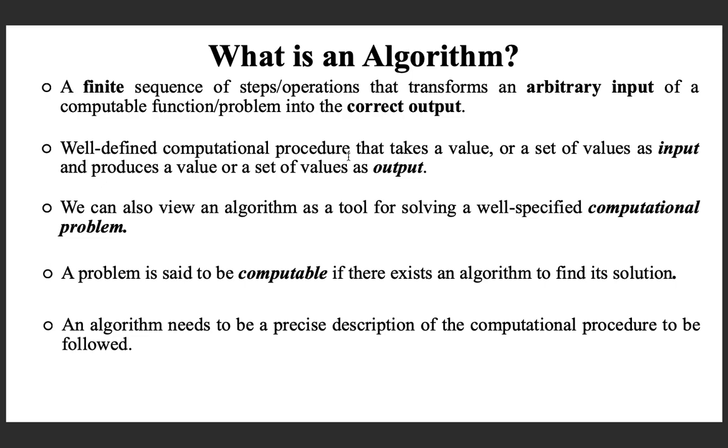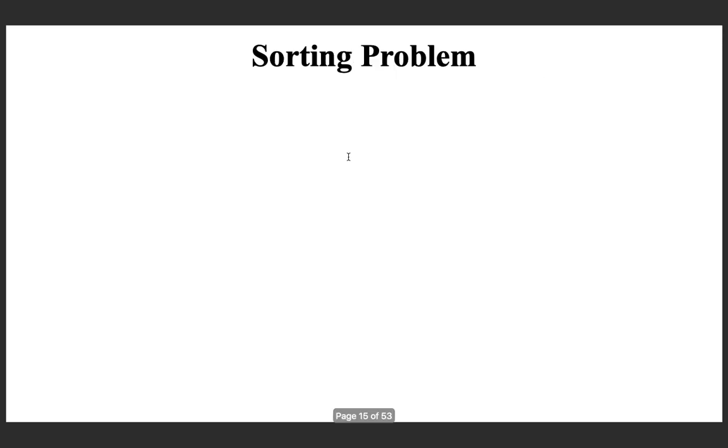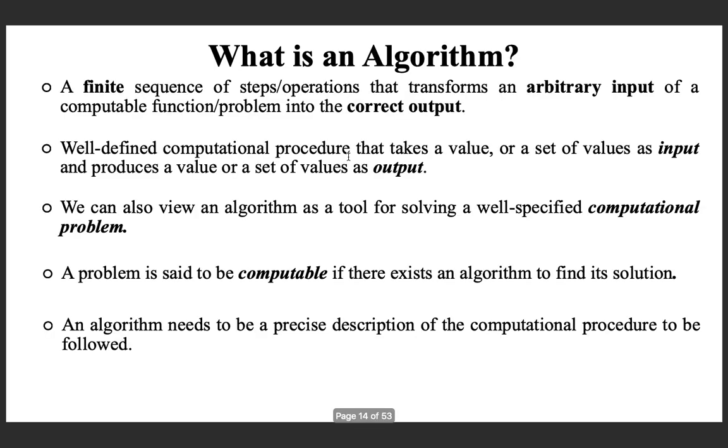An algorithm needs to be a precise description of the computational procedure to be followed. There should not be any confusion regarding what sequence of finite operations is required to get a solution. So, these are properties of algorithms, or how you can define an algorithm.